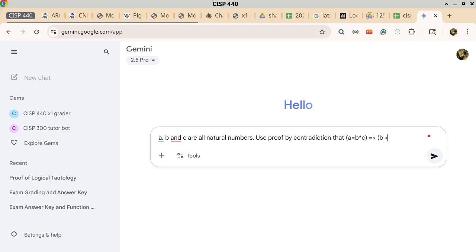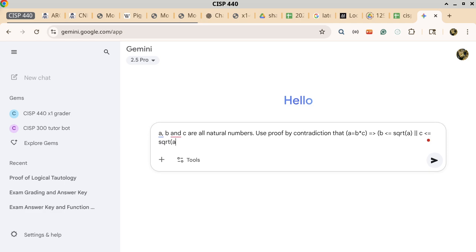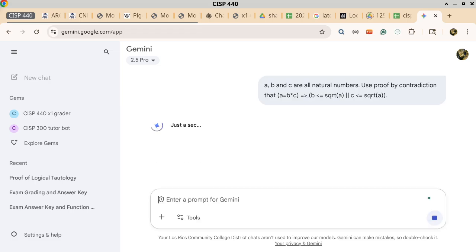So we can say B is less than or equal to the square root of A, or C is less than the square root of A. Okay, I think that is all we need to do here. This is what we need to prove. And just go ahead and press the enter key, and I think Gemini can do this.